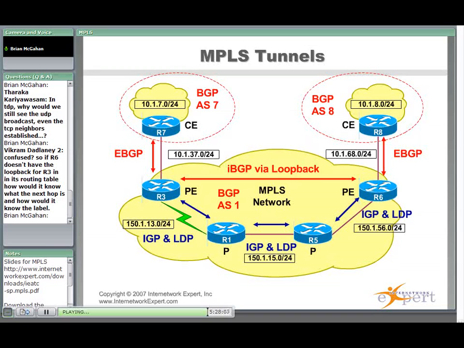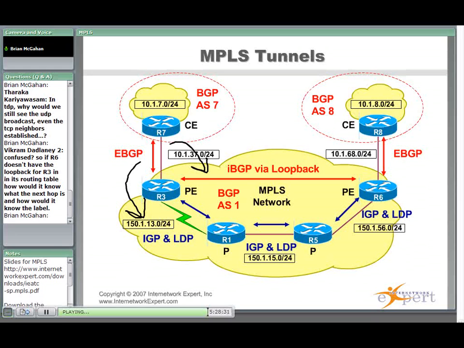The reason why it needs to do route recursion is that router 3 and router 6 are not directly connected. Router 3 is going to say, in order to get to 10.1.8.8, I am going to use router 6's loopback, 150.1.6.6. But 150.1.6.6 is not directly connected, so now we need to do another routing lookup.